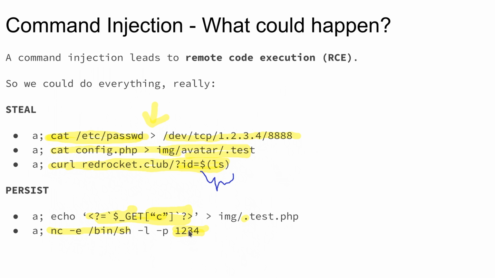Command injections lead to remote code execution, which just means we can do absolutely everything on the server. We control the server because we can execute arbitrary commands, and of course the shell is Turing complete, so we can do whatever we want. What criminals would usually do on a server is either steal user data and sell it, or install, for example, a key stealer.